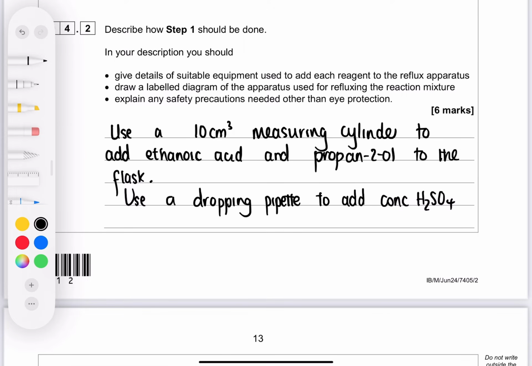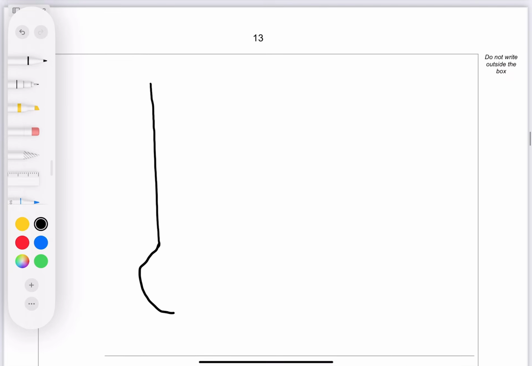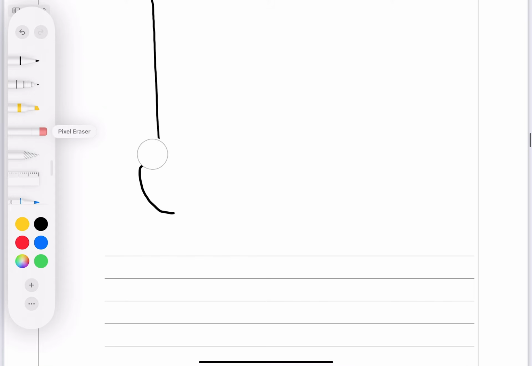Draw a labelled diagram of reflux. So using either a round bottom or a pear-shaped flask at the bottom, we're going to mount a condenser vertically. We need to try to avoid gaps, so I'm going to draw one continuous straight line for the condenser, and then into our flask, round or pear-shaped.